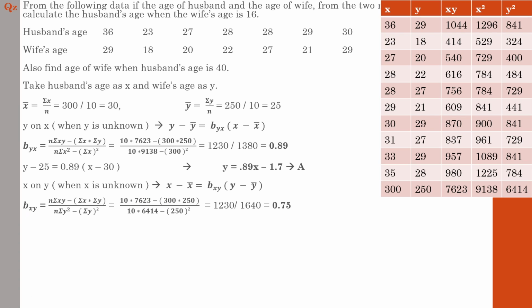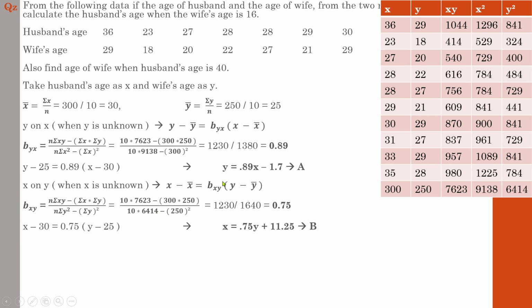Just like the steps which we have done in the case of y on x, substitute the same value in the equation, x minus x mean equal to bxy into y minus y mean. So it will be x minus x mean, x mean is already 30, equal to bxy, you already found 0.75, into y minus y mean, y minus 25.